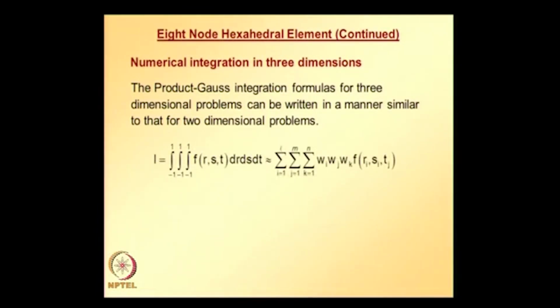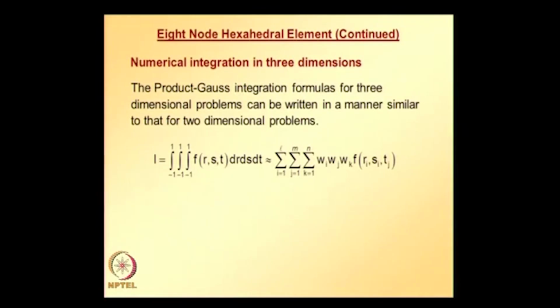So, an integral something like this, I is equal to integral from minus 1 to 1, minus 1 to 1, minus 1 to 1 of f dr ds dt. So, basically the components of the element stiffness matrix usually will be in this form.